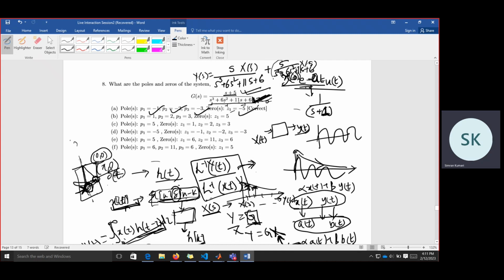Whatever the response we are getting here, this is being multiplied by s. So what does this mean? A derivative term is being added to the output.